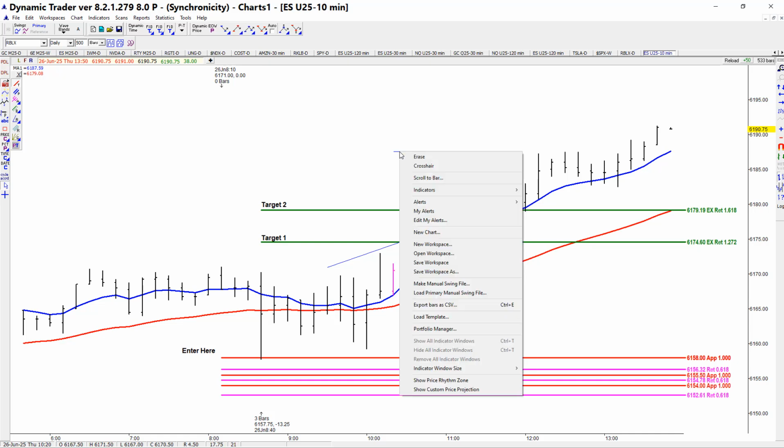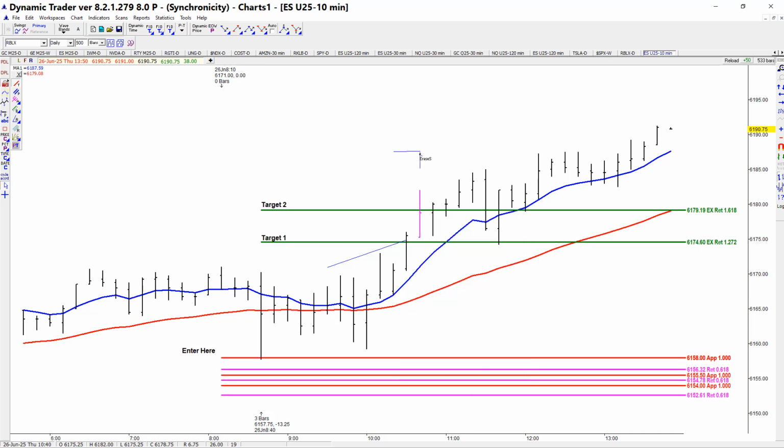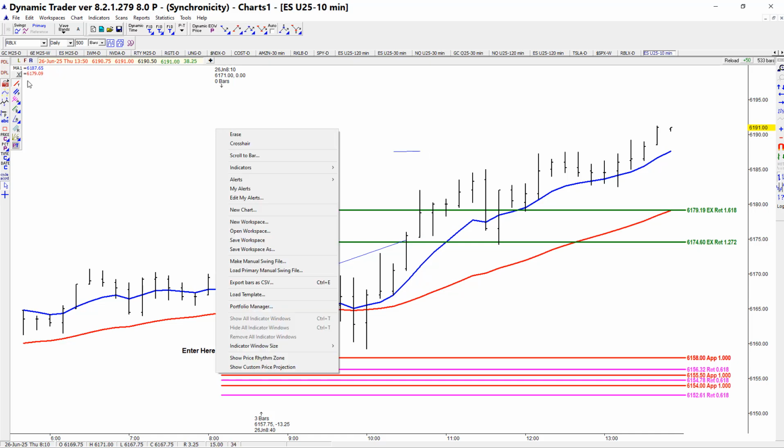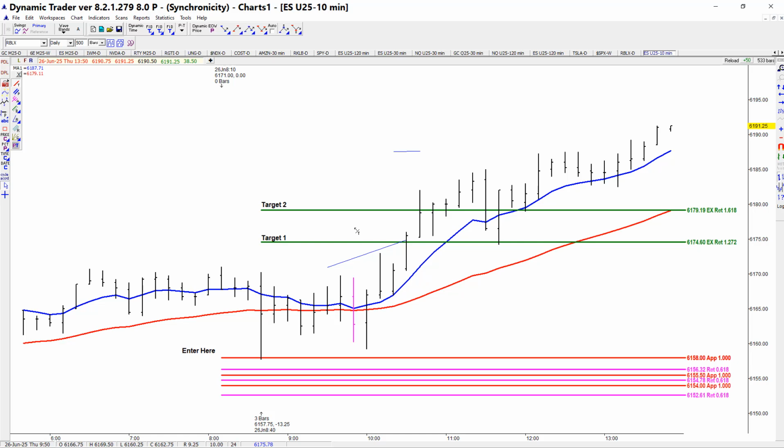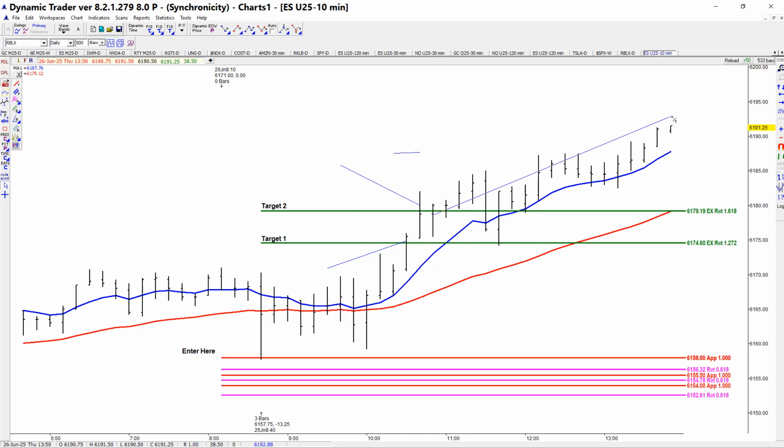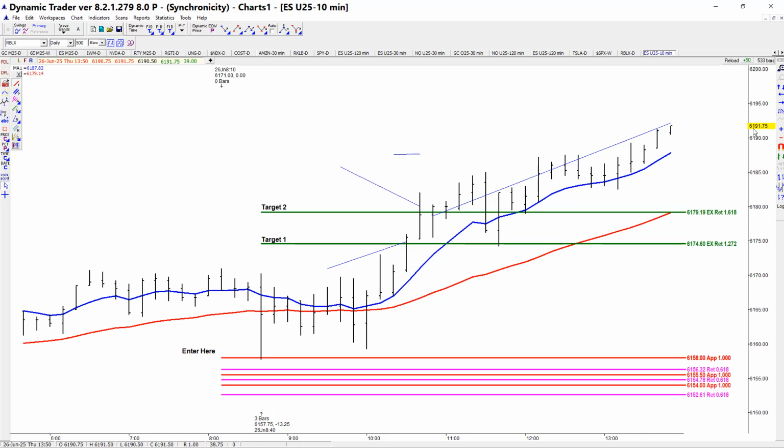I know a lot of people use candlesticks, but I use lines when I'm doing my fib work. It just looks cleaner. And then the second target, as you can see, is met on this bar. And the move has continued up since then. As you can see, it's still going. We're up to 61.91 here, but that was a really, really great trade.